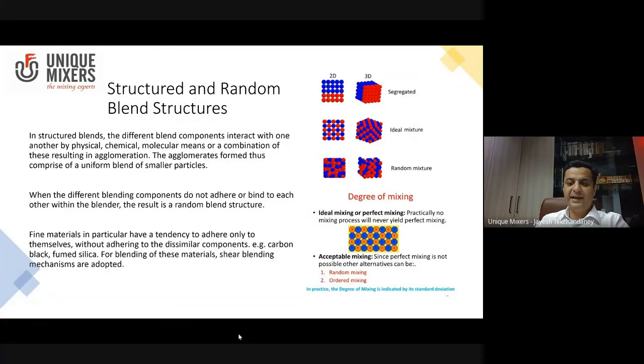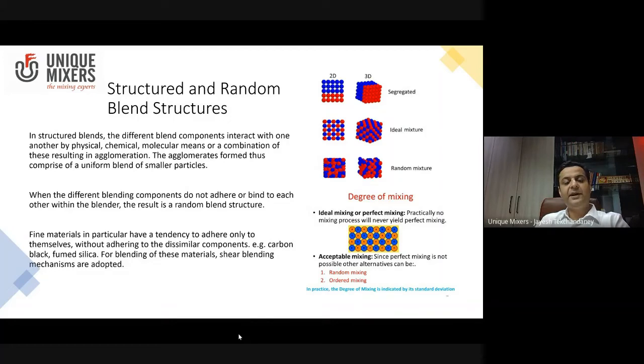And I try to mix them. You don't get an ideal mixture like you see in the second image where they are equally distributed. It is always a random mixture. And primarily when you talk about solids, we see more of random mixtures than really ideal mixtures.